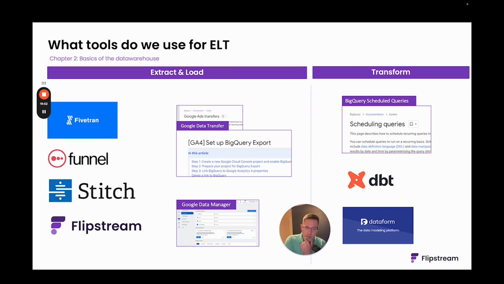I think it starts at $100 or something a month so that you can at least get some data into your data warehouse. And Flipstream, obviously, we load specific SEO data into your data warehouse. Like we can scrape the Google SERP, or we have a shopping SERP, Google business profiles, all that data we take and we push it into your data warehouse so that you can actually analyze it and work with it.